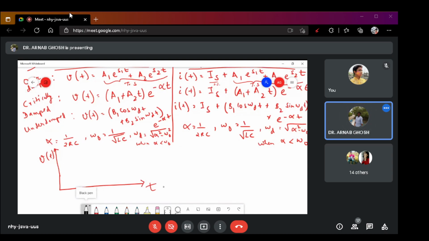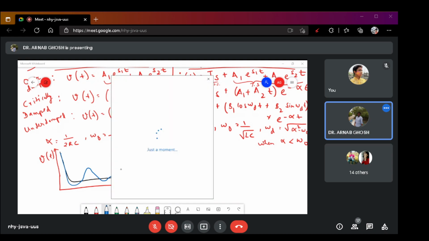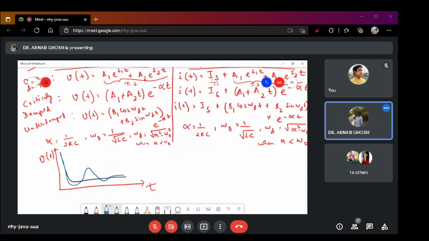So this is your critically damped, this is your underdamped, and this is your overdamped. These are the curves.